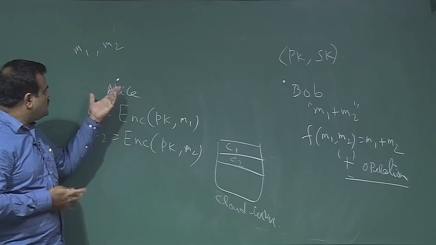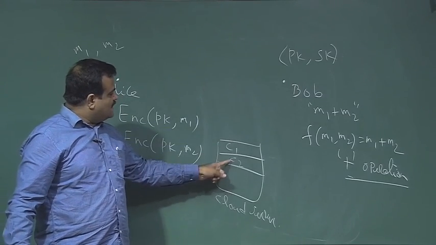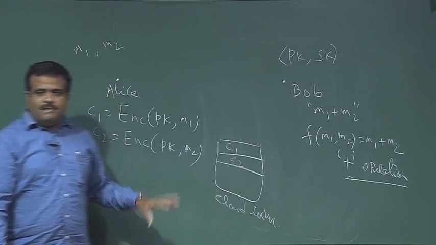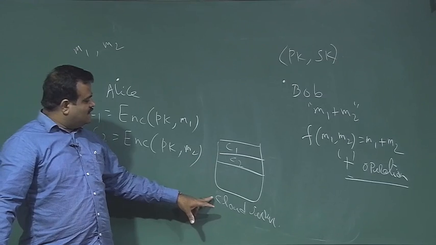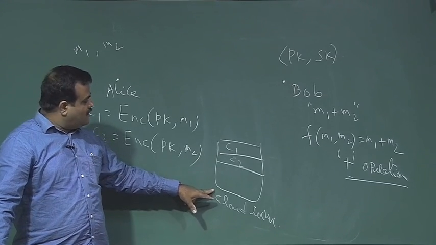Usually in a public key setup, what can Bob do? Bob can get C1 and C2, then decrypt them, get M1 and M2, then compute the sum. But we want this to be done at the cloud server. So the cloud should be able to do some Eval operation.